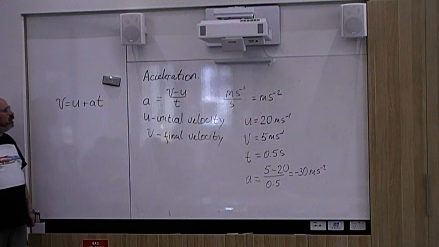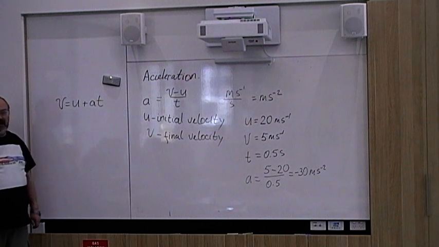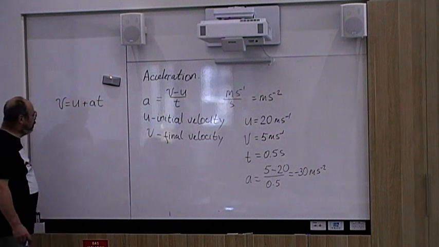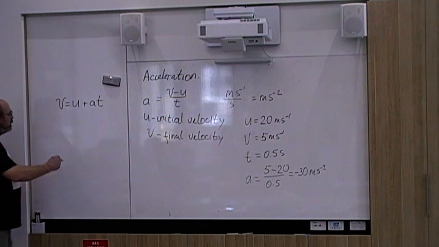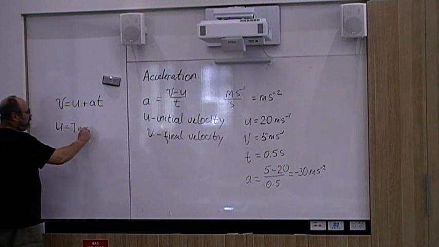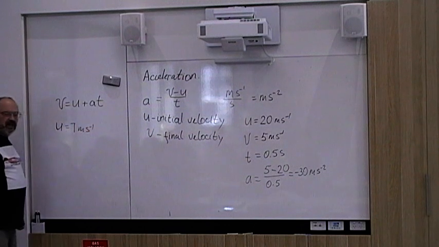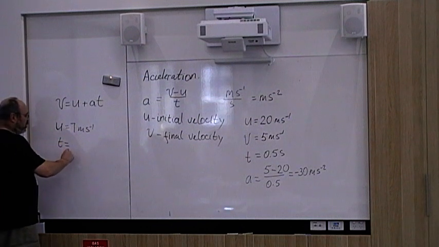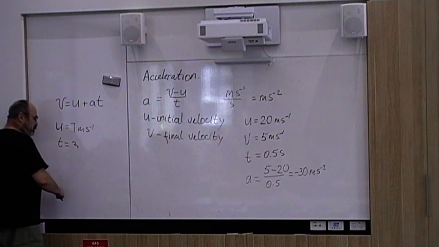So let's say, another situation: a car was moving with an initial velocity of 7 meters per second, and then started accelerating over a time equal to 5 seconds.